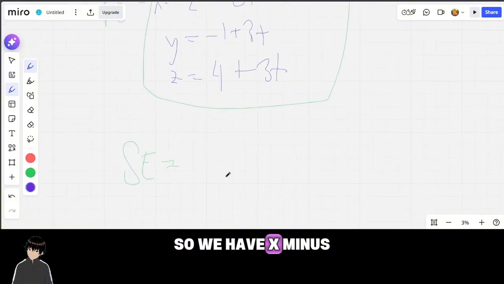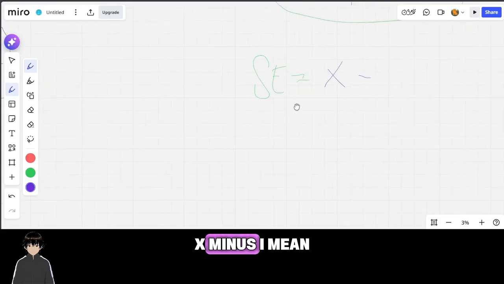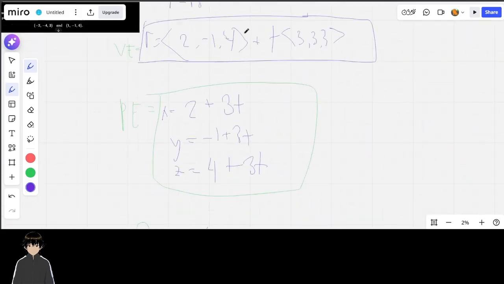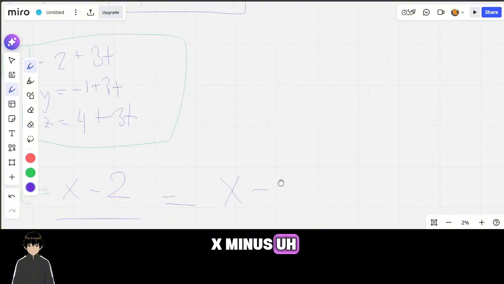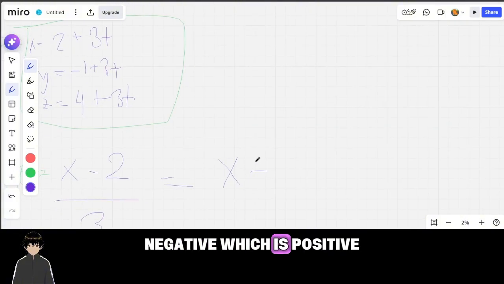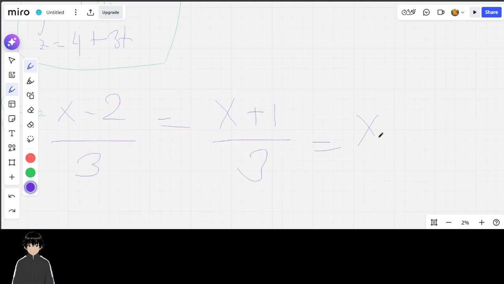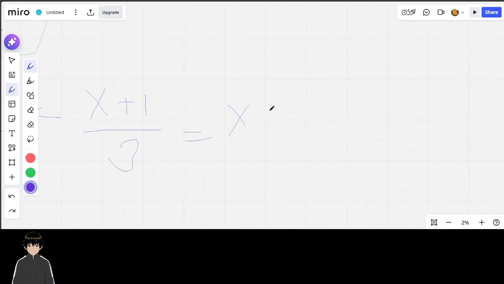So we have x minus x naught, that's 2, over 3, is equal to y minus negative, which is positive 1, over 3, equal to z minus 4 over 3.